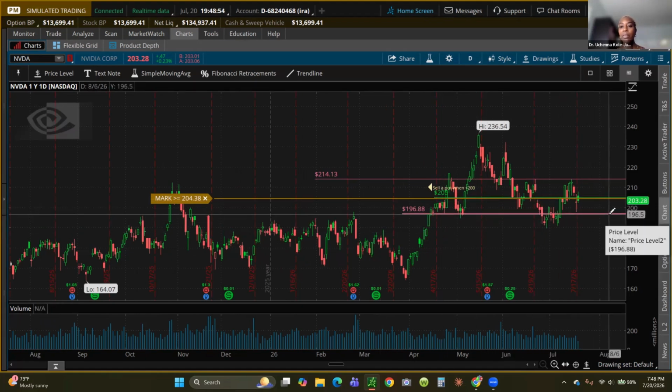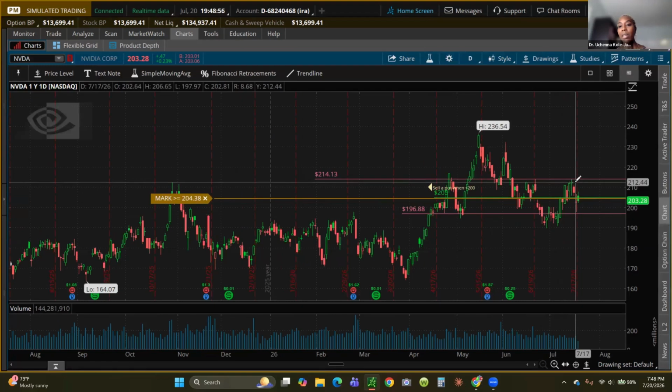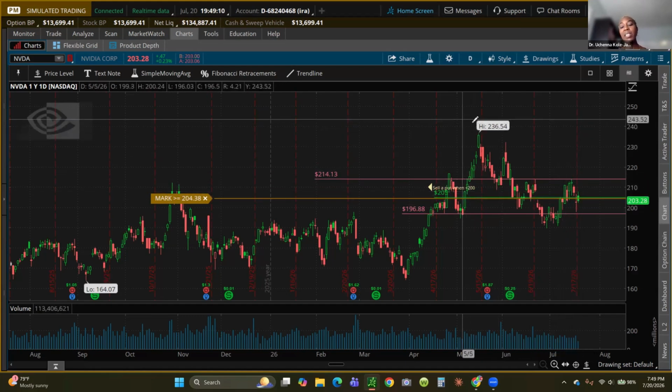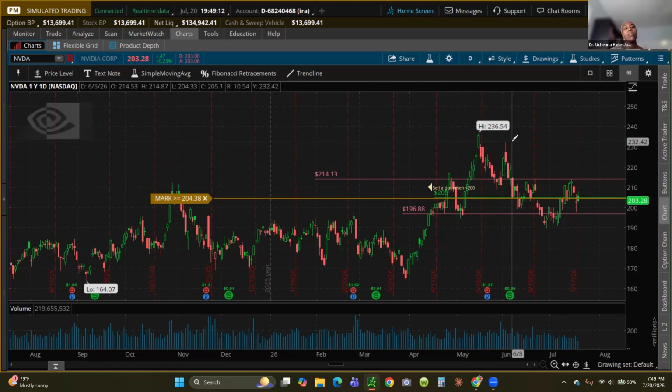It bounced off this level of support of 195. It had a little pullback. It had a green candle today, even though there was more selling than buying. The AI trade has been selling off a lot, but let's just say we're bullish on NVIDIA.